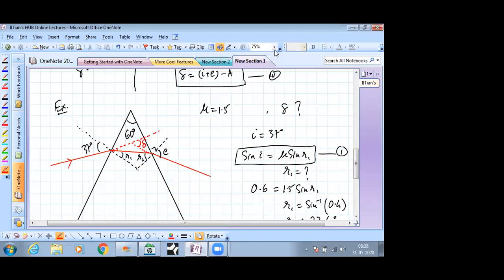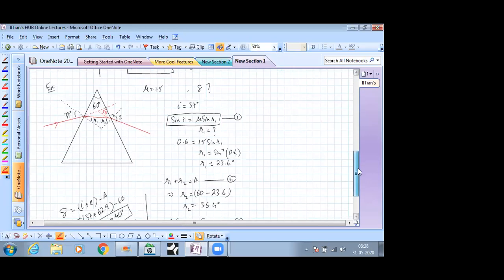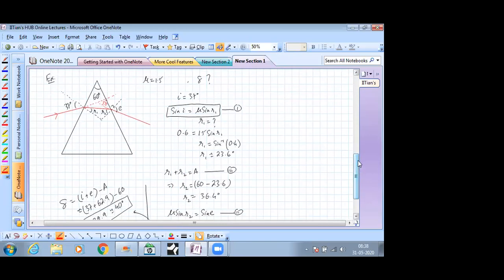So this is the way you would do a calculation for the deviation given a prism's properties. In this, the angle of the prism is given, the refractive index is given, and the angle of incidence of light on one side is given. So from that we can calculate all the other required quantities. Okay, people, so hope this is clear. Just make a note of this.